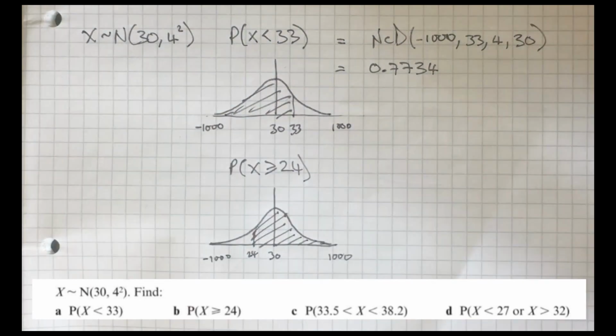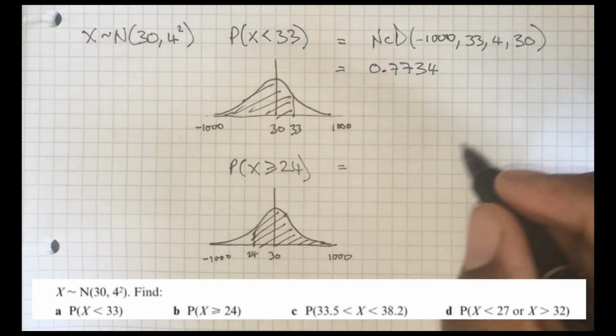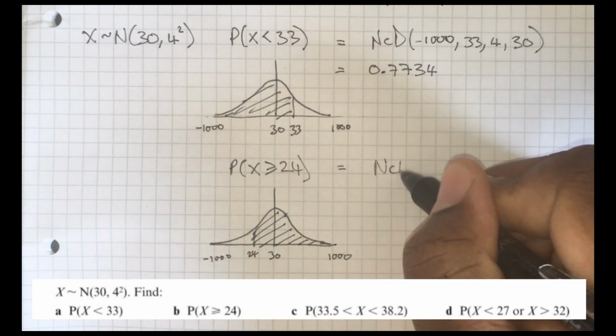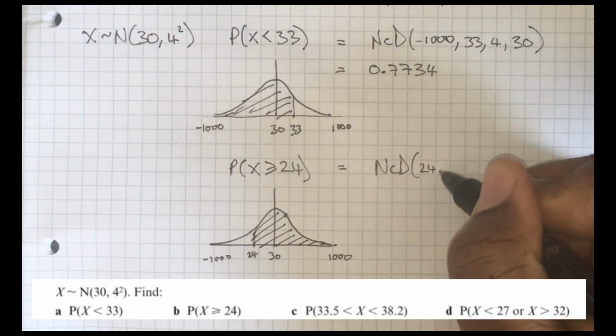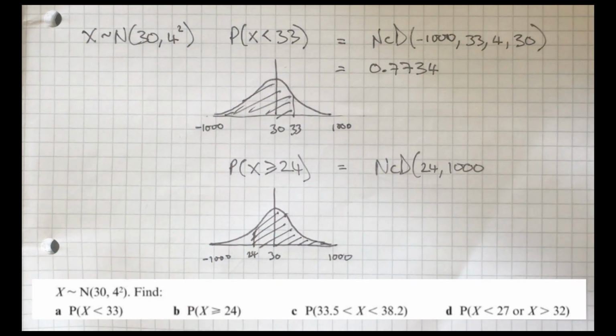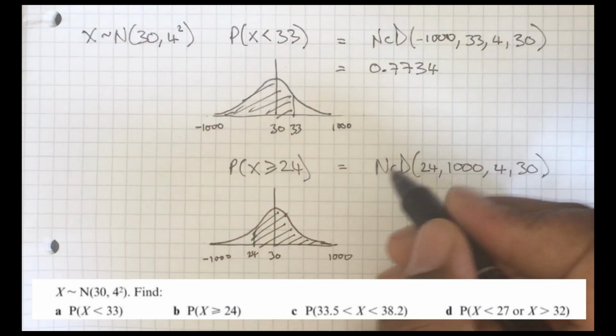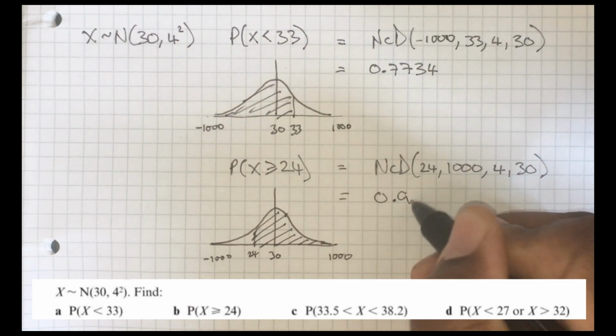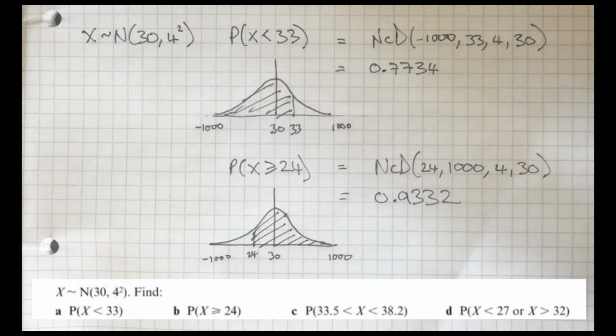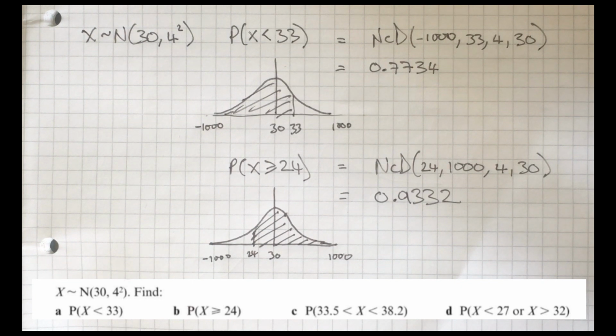Greater than or equal to 24 is this shaded area. Can you pick out the minimum and the maximum? In the calculator, the syntax calls for 24, 1,000, 4, and 30 to be plugged in. Press enter on your calculator, and that's going to spit out your answer once again, 0.9332.